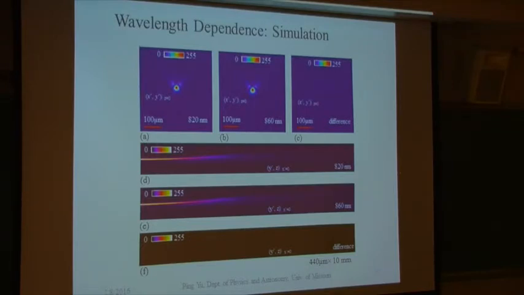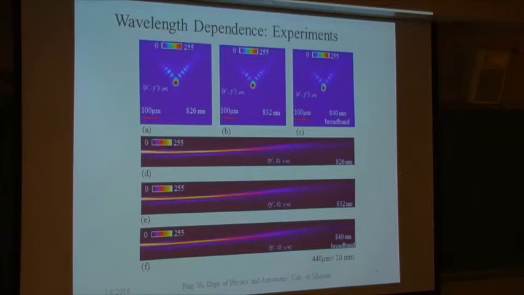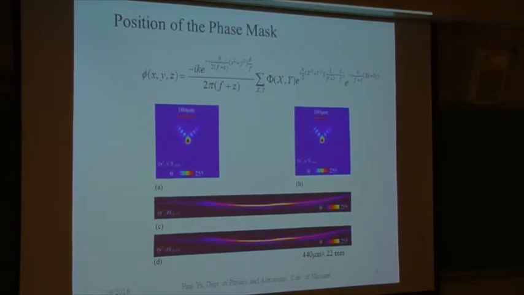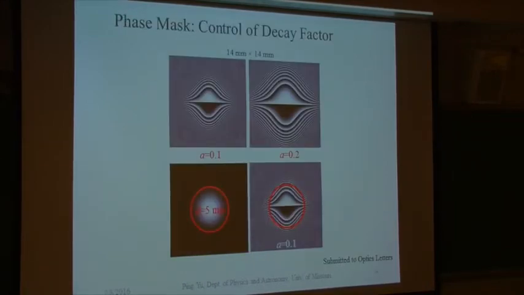Okay, and the simulation and experiment also showed a similar result. And here we put the position of the phase mask at a position away from the Fourier plane. We'll still be able to get the correct shape of the Airy beam.